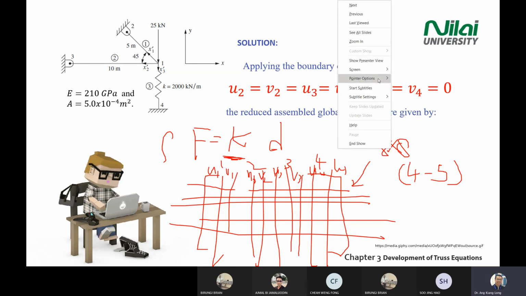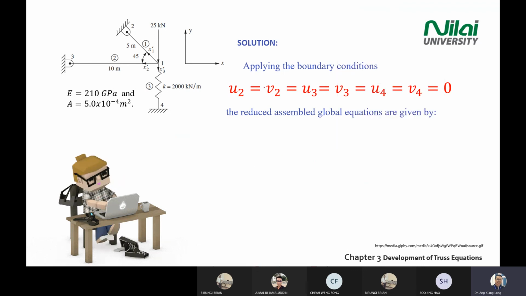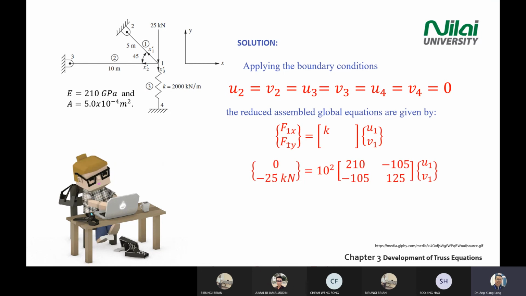Then after that, you use your pencil to close all the displacements. If the displacement is 0, you just close it. So you only leave out U1 and V1, so you only leave out F1X, F1Y. You have the K here, so you just substitute F equal to KD. So F1X is 0. I am going to explain this one more time, why you can see this as 0.